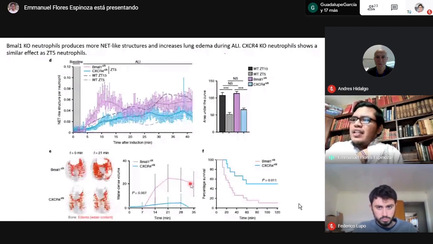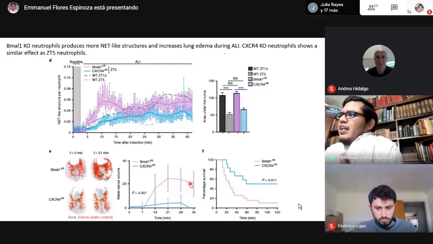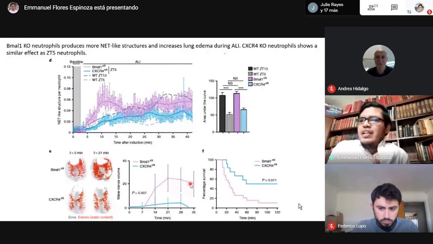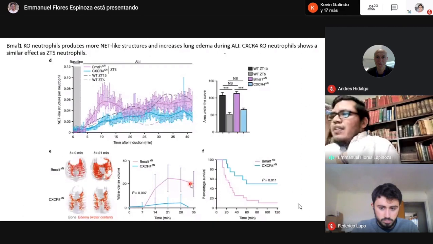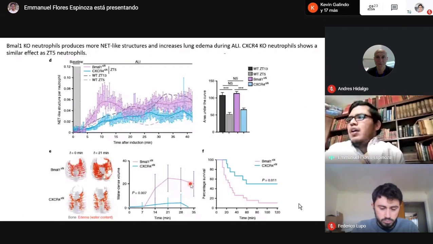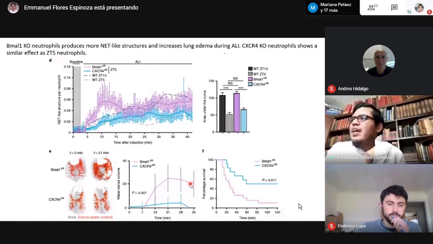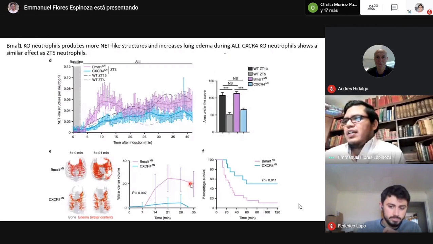It is interesting that the authors say that CXCR4 depleted neutrophils have a protective role in these events in acute lung inflammation. We can see that when there is no CXCR4, the tissue even has the same edema level as the baseline condition. So this is interesting.